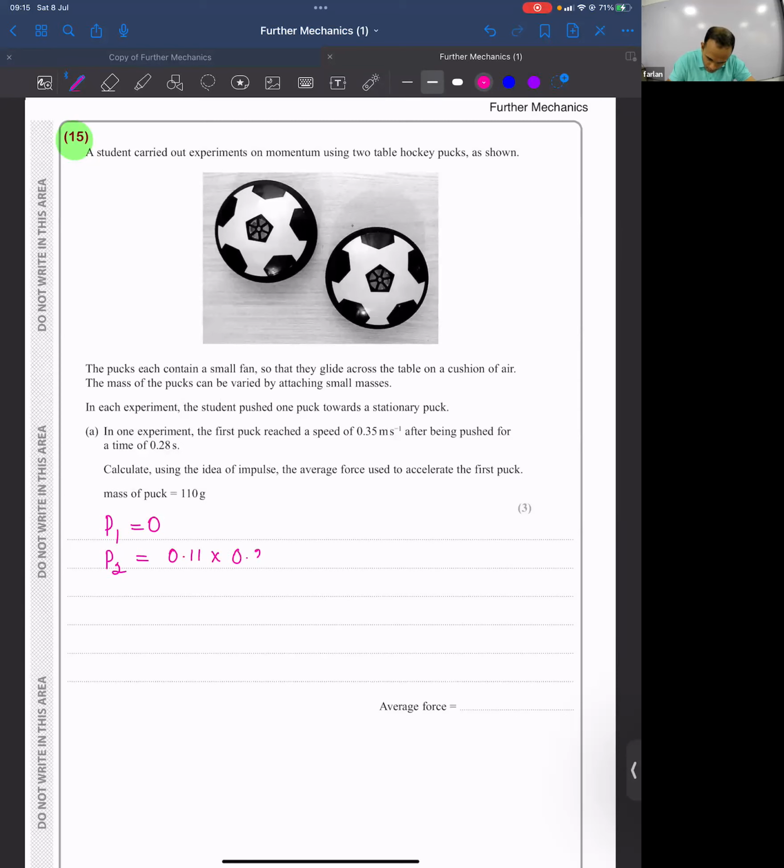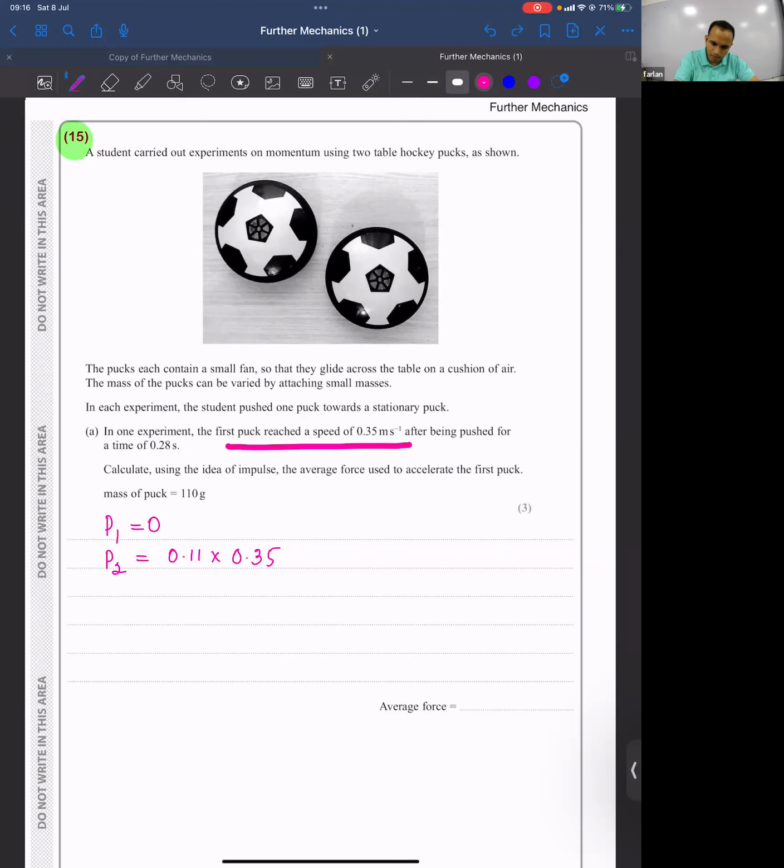Velocity is 0.35 meters per second. They are talking about the first puck, not the second one. In one experiment, the first puck reached a speed of 0.35 meters per second after being pushed for a time of 0.28 seconds.